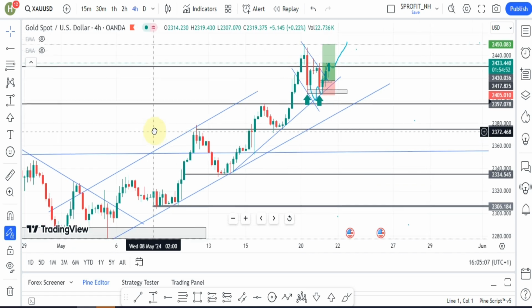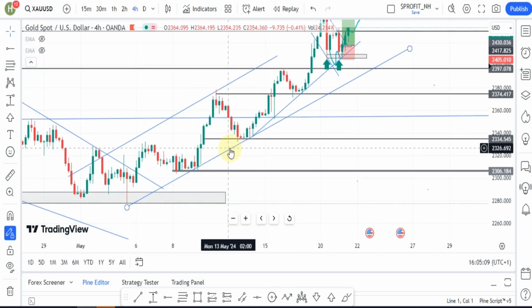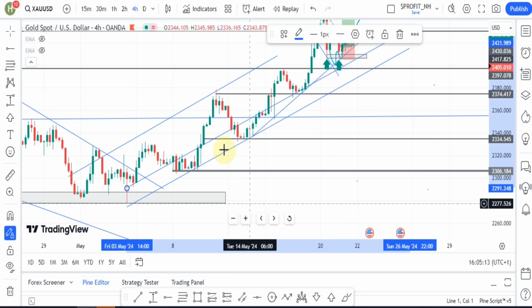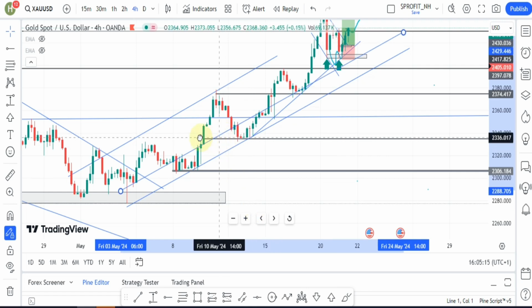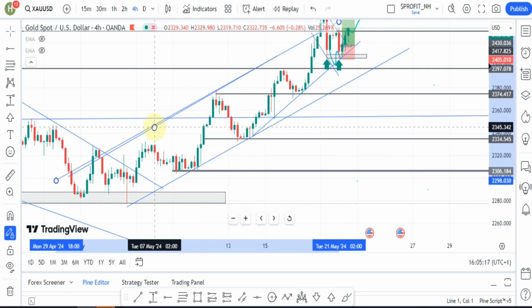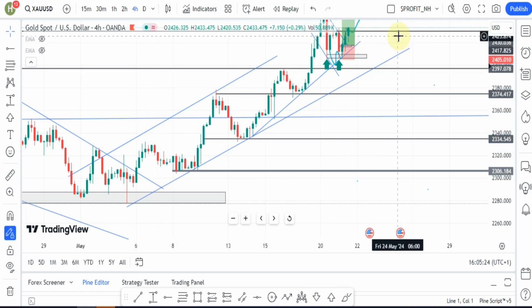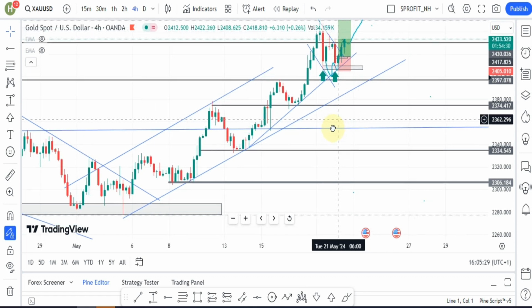Or you can just clone this one from down here. After drawing that one down there, you can just clone it, then paste it all the way up here. So that's how you should be identifying your key areas in the forex market.